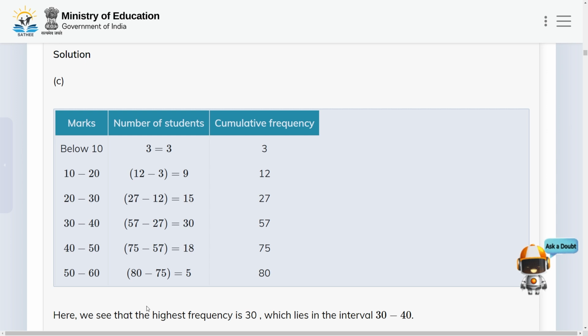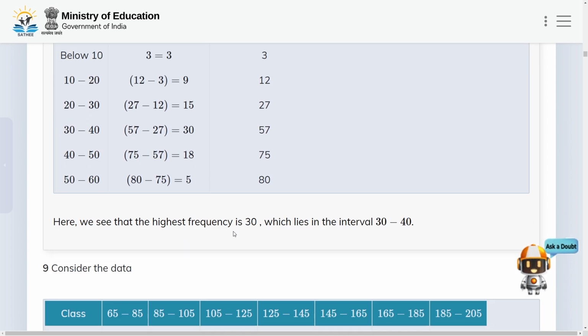For class interval 30 to 40, the number of students is 57 minus 27, that is equal to 30, and cumulative frequency is 57. For the next class, number of students is 18 and cumulative frequency is 75. And for the last class, number of students is 5 and cumulative frequency is 80.